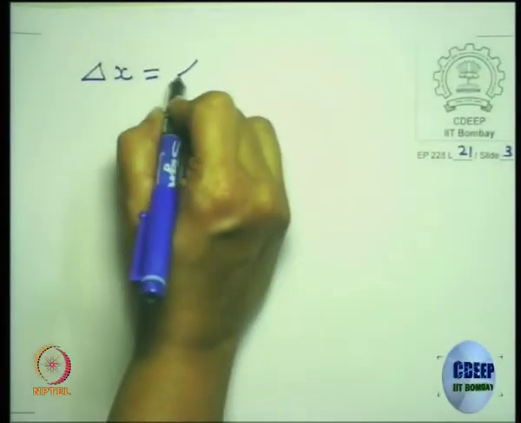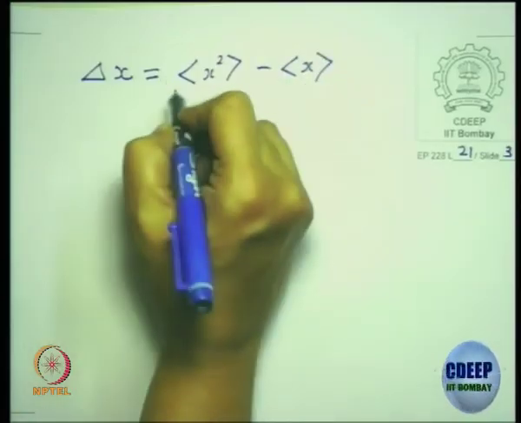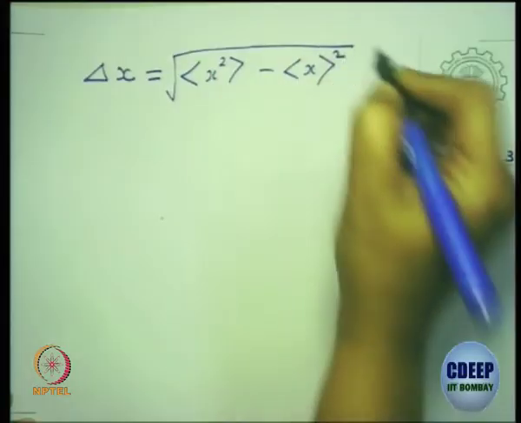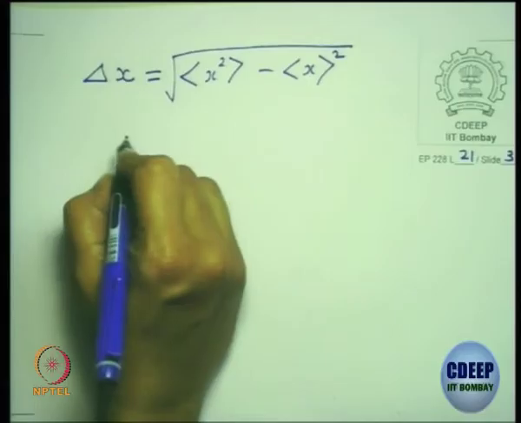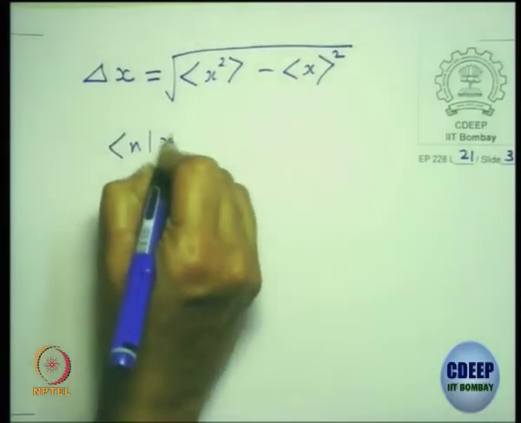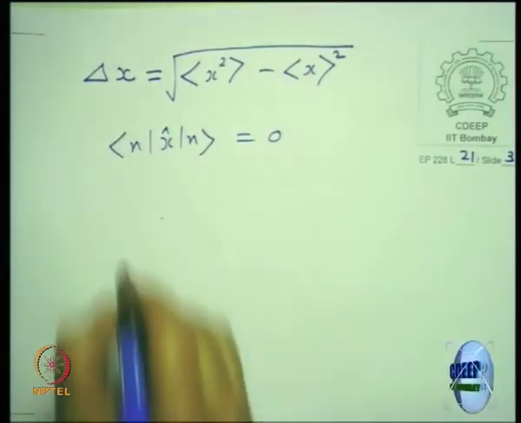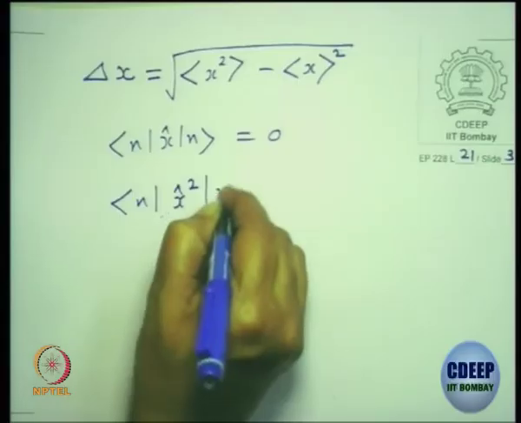Uncertainties. What is uncertainty in x? Delta x is expectation value of x squared minus expectation value of x, under square root. So, in the number state, <n|x operator|n> is 0. What is <n|x operator squared|n>?